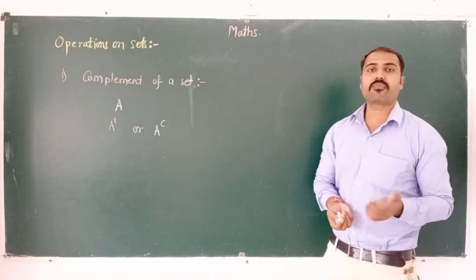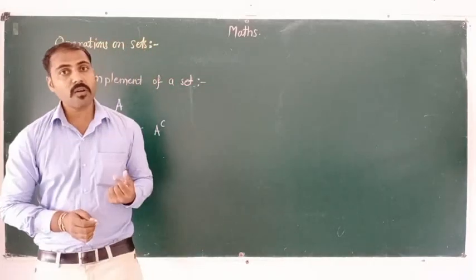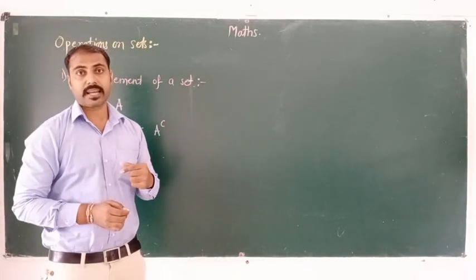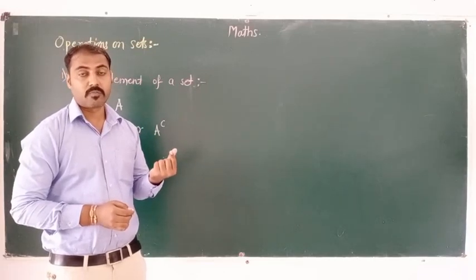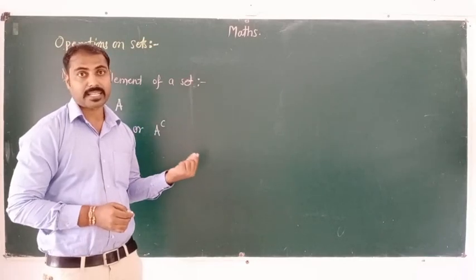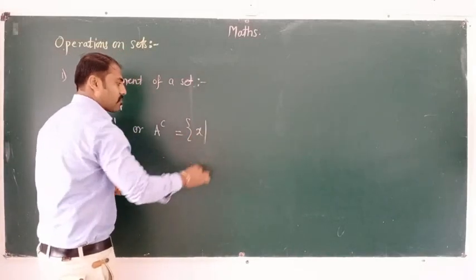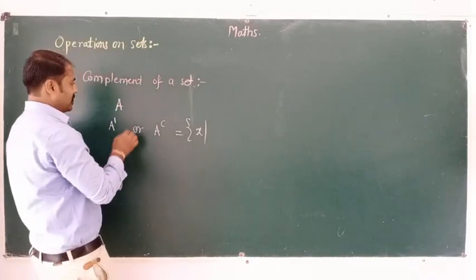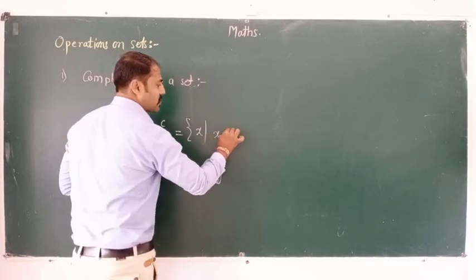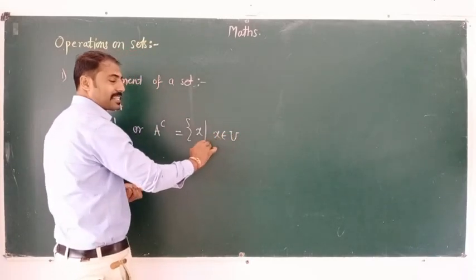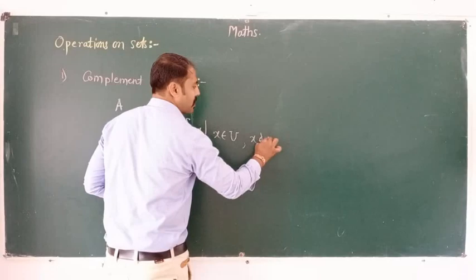It is defined as the set of all elements X such that they are from the universal set but not from that set A. So I can define it as the set of all elements X such that X belongs to the universal set and X does not belong to A.